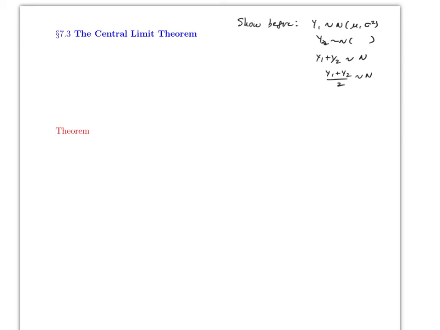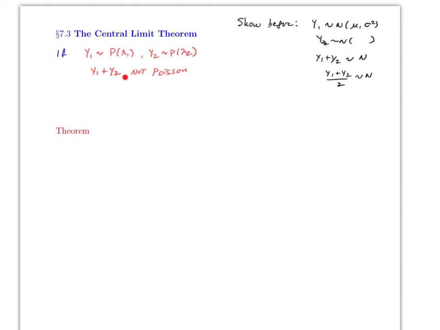If you recall what we did in chapters 5 and 6 to find the distribution of more than one variable, for example, if y1 is Poisson with lambda 1 and y2 is Poisson with lambda 2, you should check, or you probably have one of these problems already in the homework, that y1 plus y2 is not Poisson anymore. When you add two Poissons, you don't get another Poisson, but if you add two normals, you still get a normal.